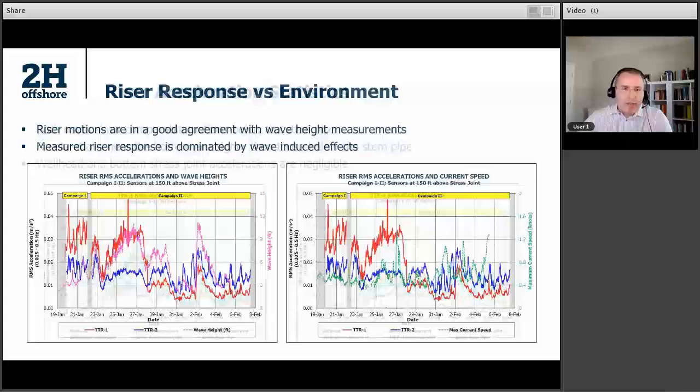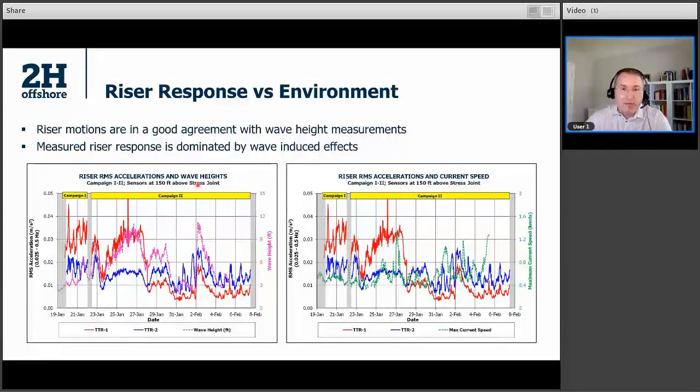So in these figures, we focus on data from the sensors at 150 feet above the stress joint. So we are just looking at one sensor right now. But we compare these accelerations with the environmental measurements, such as measured wave height and current speed.